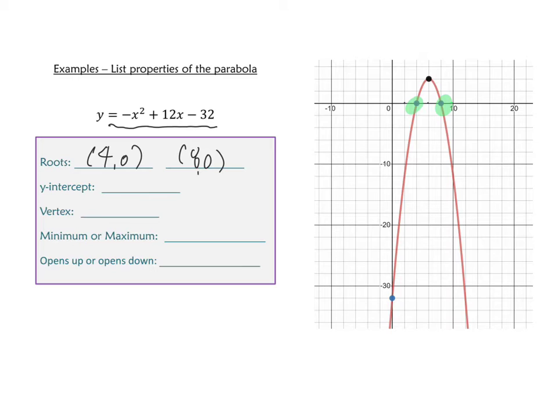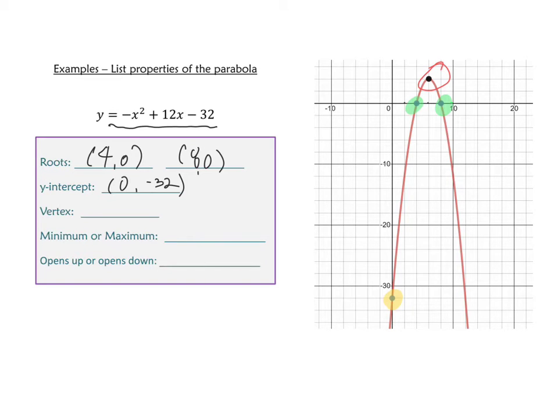All right, the y-intercept. The y-intercept is right down here. And if we take a look at that, it's going by 2's. The y-intercept is going to be x is 0, of course, and it's negative 32. The vertex, well, this is the vertex right here.